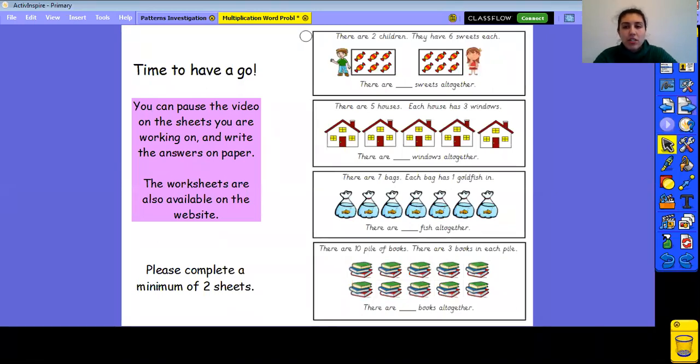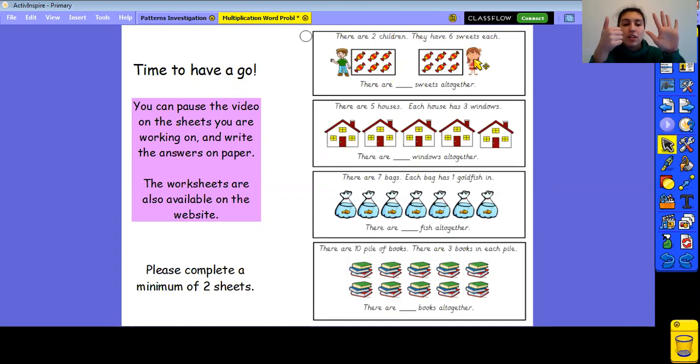The circle sheets are just like what we did at the beginning. 2 children, they've got 6 sweets each. It's there represented for you. So what you need to do is work out 2 times 6, 2 groups of 6, or like we said, we've got 6 2 times, or we could say, because we know that that's commutative, we can still use our 2 times tables.